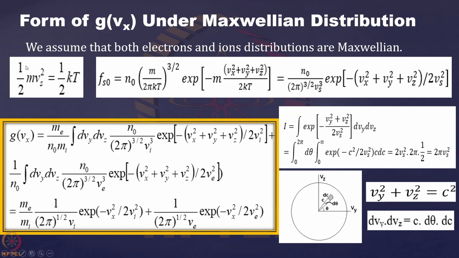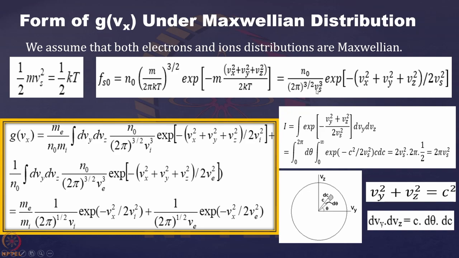I am connecting through this relation, in the white box, half m v square is equal to kT. When I do that, we are writing this Maxwellian distribution in terms of vs. You see that we have just replaced this kT with m vs square, and we are getting this expression. So we are getting this distribution function in terms of the thermal speed and vx, vy and vz.